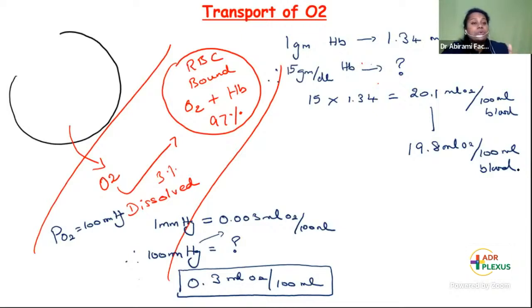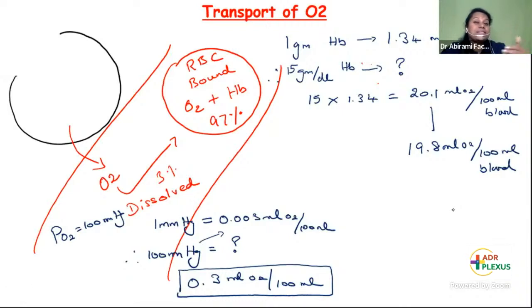So even when you do an ABG, and you check the saturation with an oximeter, it will never go up to 100. It will be around 97, 98, because we not only have adult hemoglobin, we also have methemoglobin and sulfhemoglobin, which give some mixing up. If it were 100% saturated, you would get 20.1, but it is never 100% saturated.